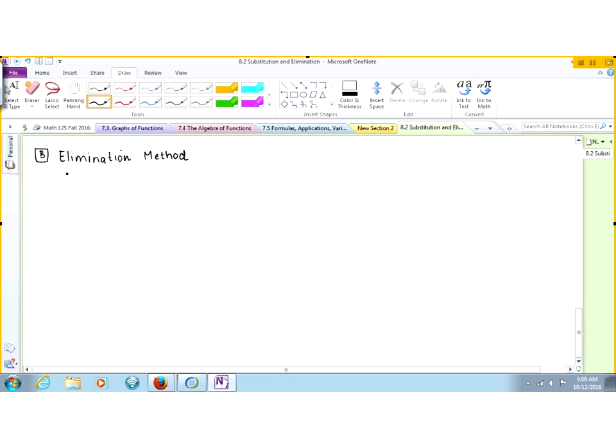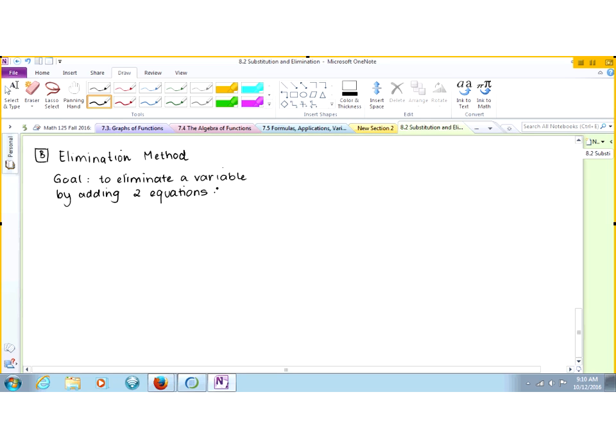The goal is to eliminate a variable by adding two equations. All right. So that's your goal. So you're going to eliminate when you add.